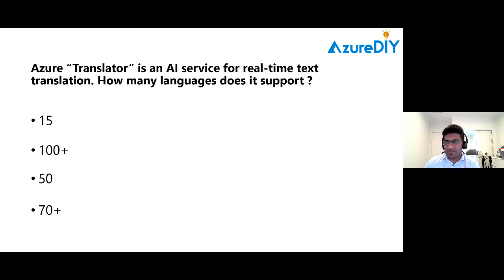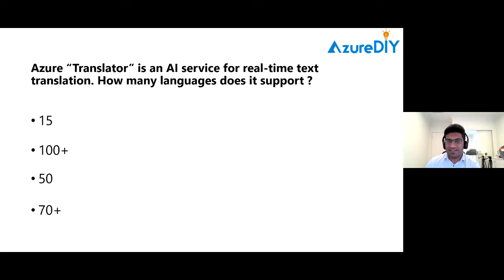Let's move on to the next question. Azure Translator is our AI service for real-time text translation. How many languages do you think it supports? Please put your answer in the Q&A section.